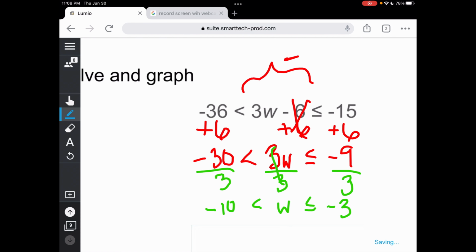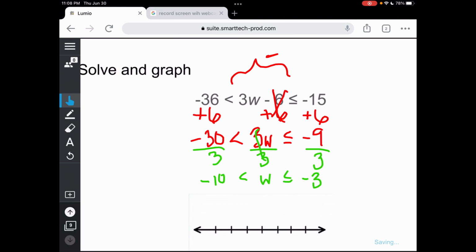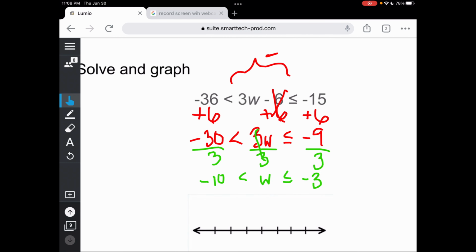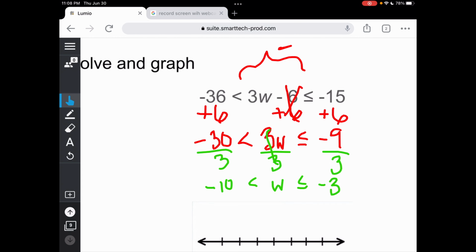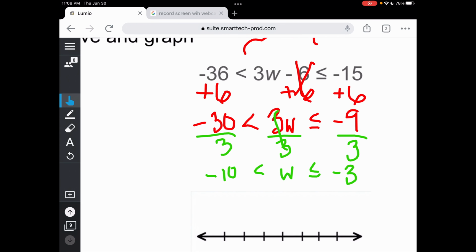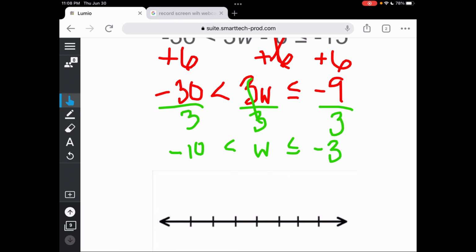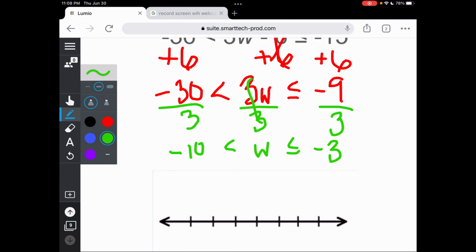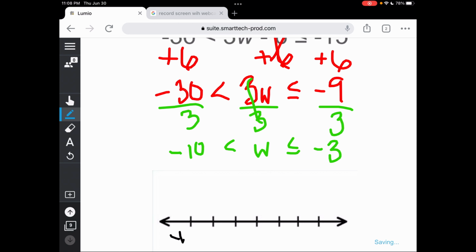And I have a feeling I don't have enough numbers to make this a proper number line. Negative 10, negative 9, negative 8, negative 7, negative 6, negative 5, negative 4. Nope, just missed it. So I'll go by 2s: negative 12, negative 10, negative 8, negative 6, negative 4, negative 2, 0.